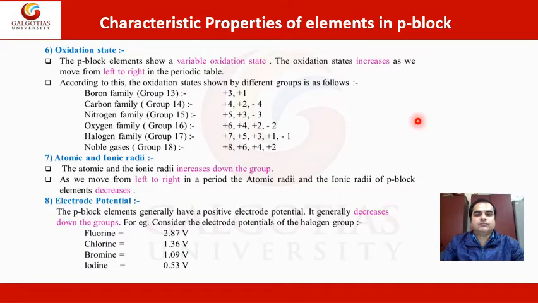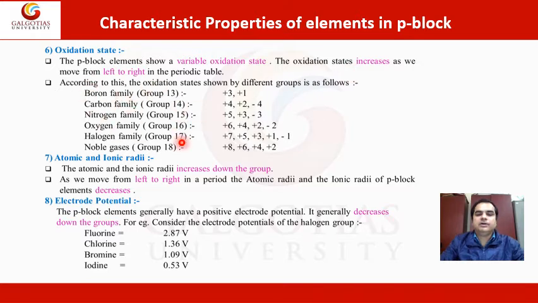Now let us discuss some more properties of elements in the p block of the modern periodic table, like oxidation state, atomic and ionic radii, and electrode potential. The p block elements show variable oxidation states, and the oxidation states increase as we move from left to right in the periodic table.